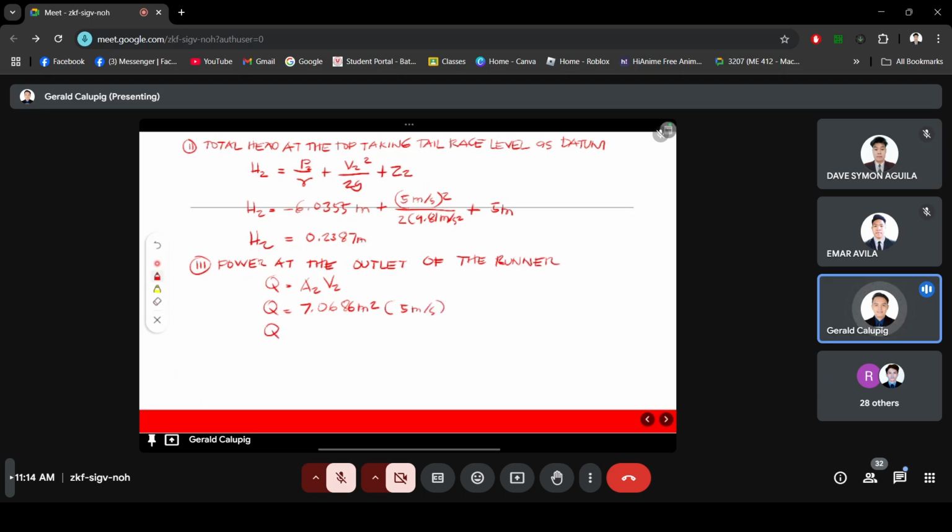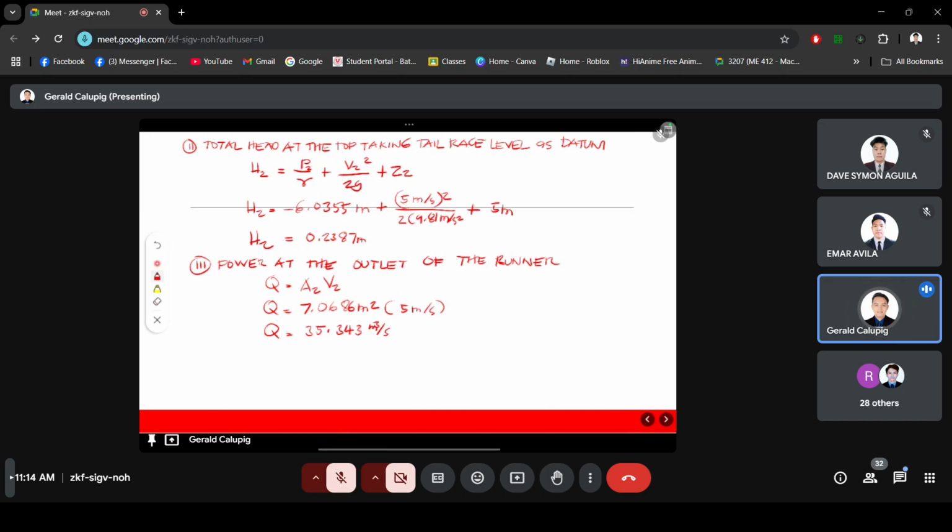Okay, our Q will be what? 7.0686 times 5. We can have 35.343 meter cube per second.